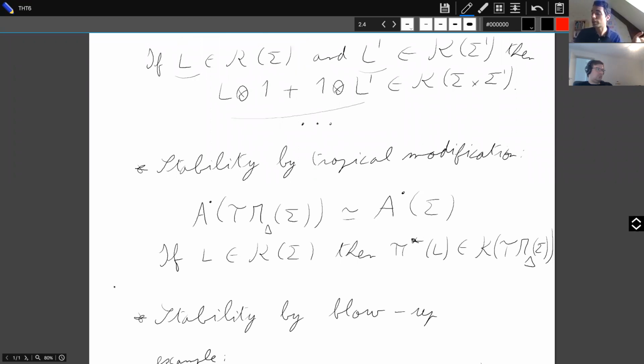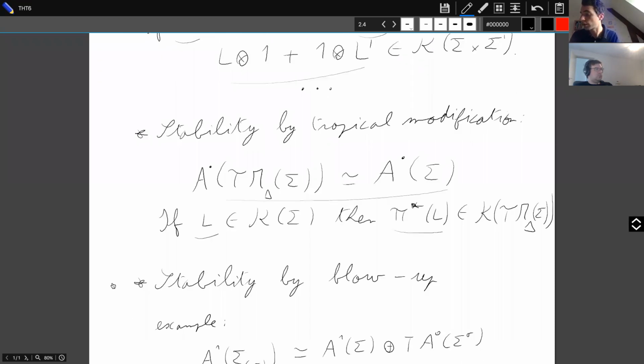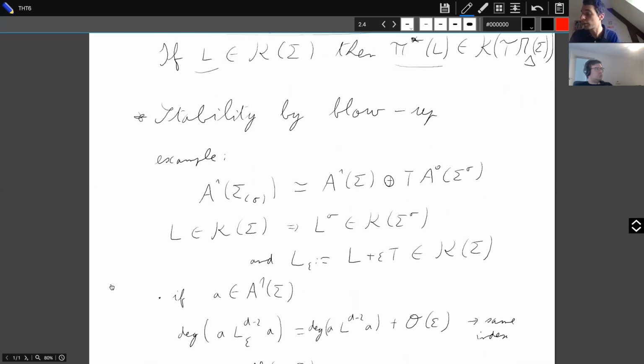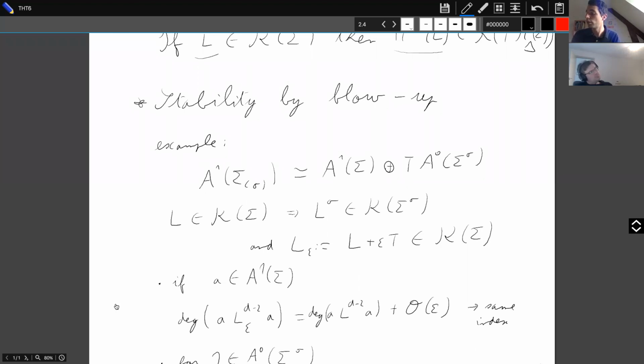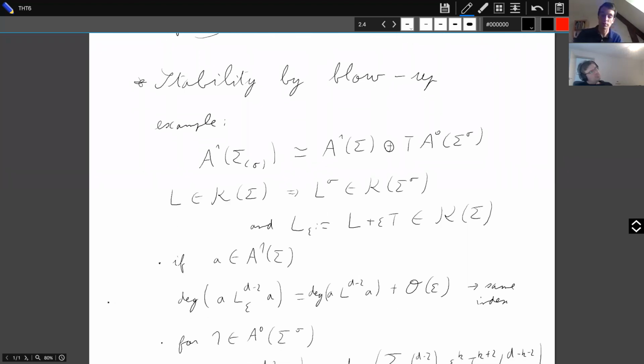Stability by tropical modification, we have already done everything because we just have the isomorphism of the drawing. And if you have L, the pullback of L is also ample. So here we have nothing to prove, it's just direct. And the stability by blow up is just to use the Kills lemma, so it's not very easy.